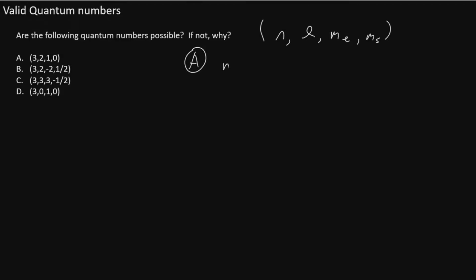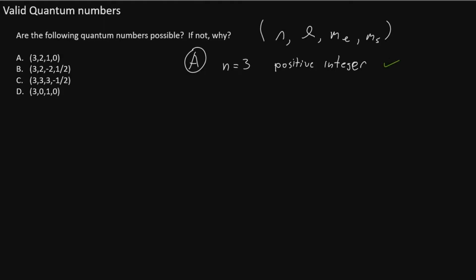In part A, we are given that N equals 3. Any number for N is fine as long as it's a positive integer. Now, 3 is a positive integer, so this works.